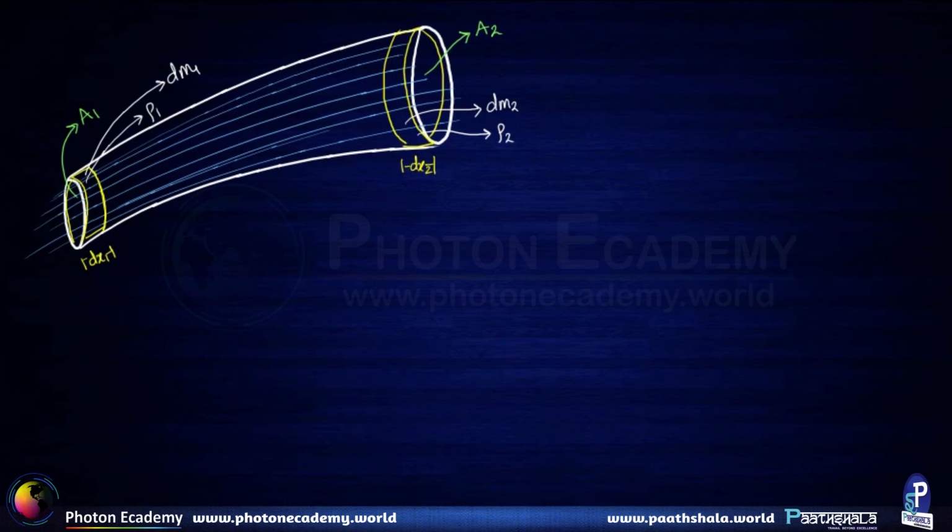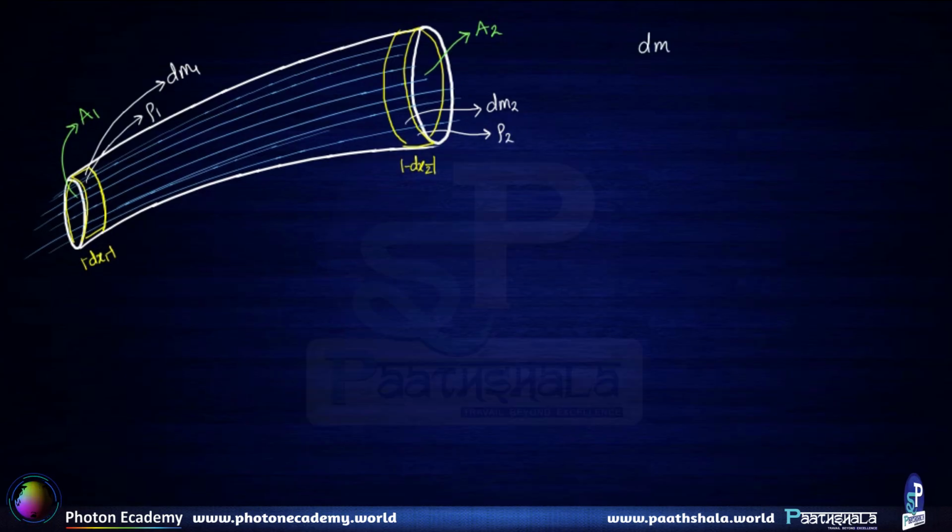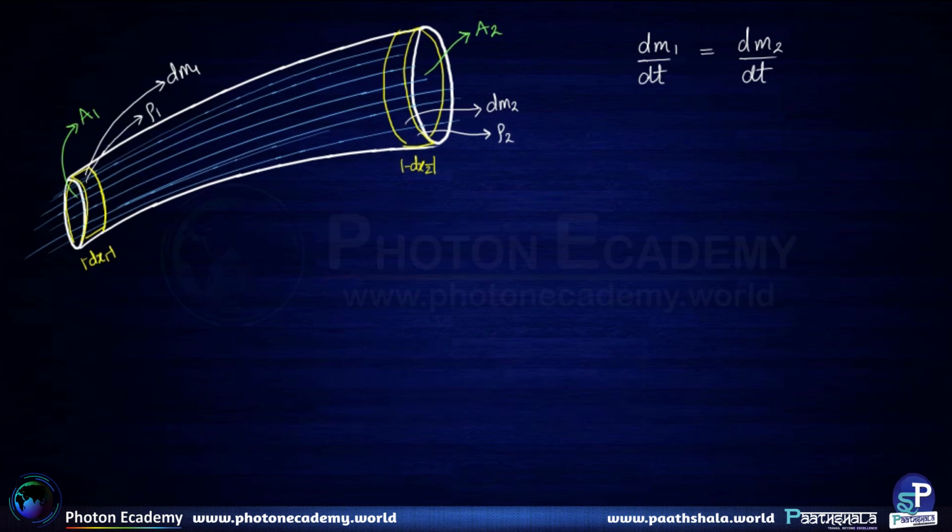So what can we write per unit time? The incoming mass dm1 by dt. So the rate at which mass is incoming into this pipe has to be the same as the rate at which mass is leaving the pipe, because there is no storage of mass. Basically there is no deposition of mass anywhere inside, so the incoming mass has to go outside as well.